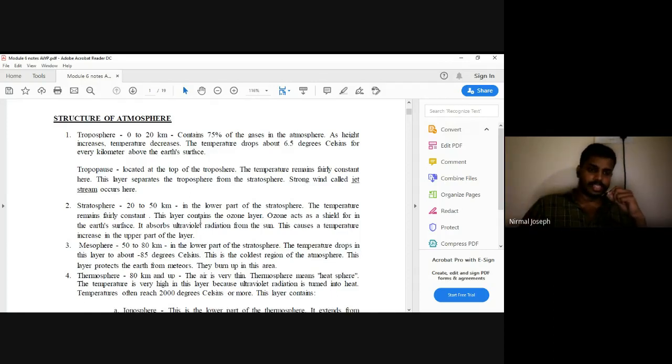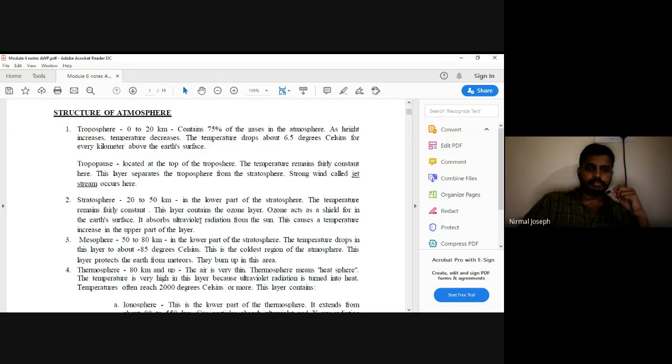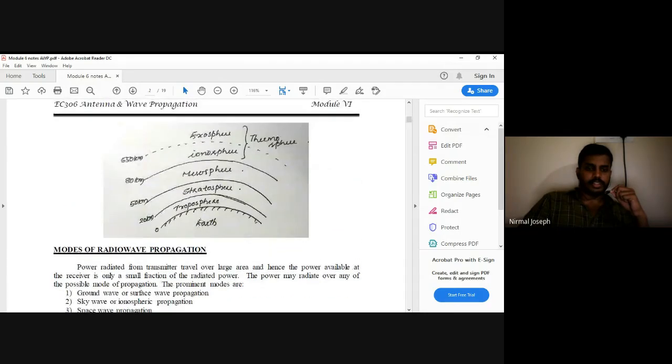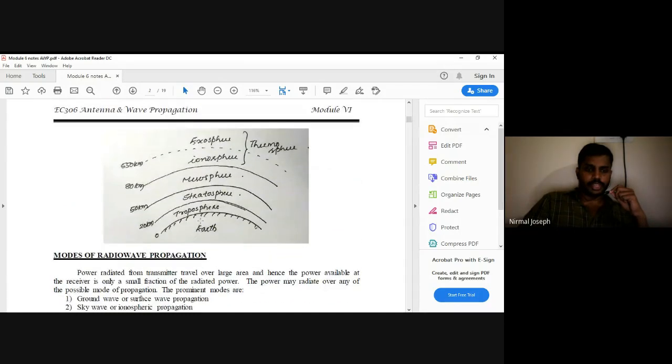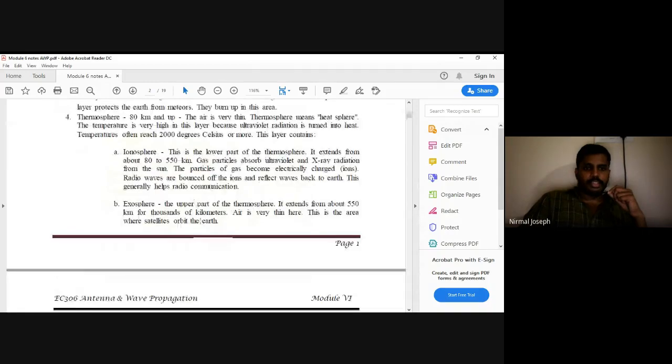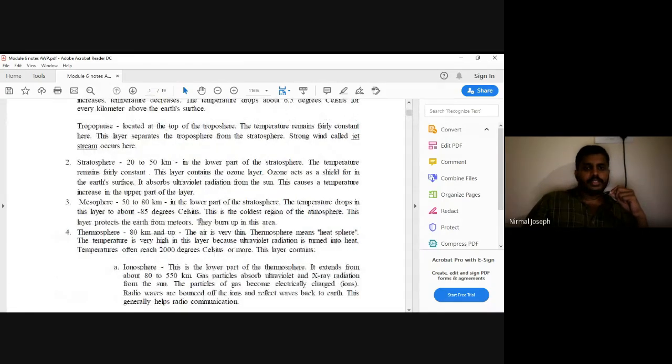Okay. Next one is the stratosphere. It ranges from 20 to 50 kilometers. Okay. The stratosphere ranges from 20 kilometers to 50 kilometers. In the lower part of the stratosphere, that is from 20 to 40 kilometers, the temperature is almost constant.